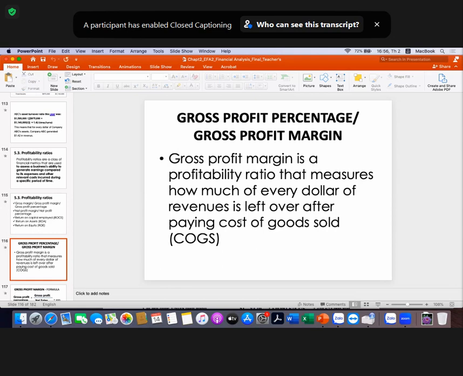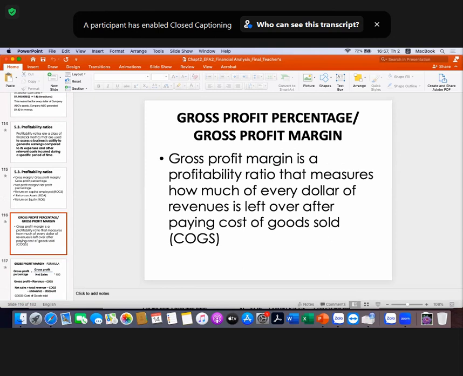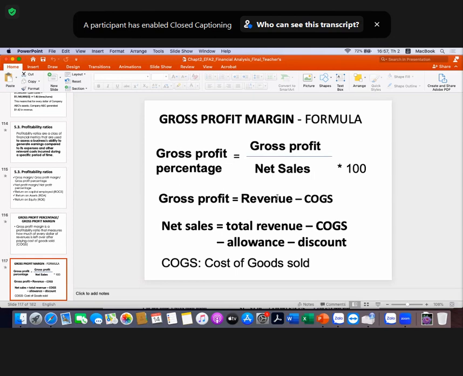Gross margin is the profitability ratio that measures how much of every dollar of revenue is left over after paying the cost of goods sold. This is calculated by taking gross profit divided by net sales multiplied by 100. As you know, profitability ratios are often expressed as a percentage. That's the reason why we have to multiply the quotient by 100 here.